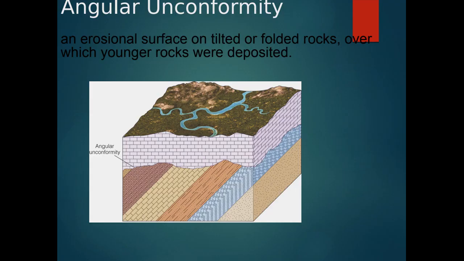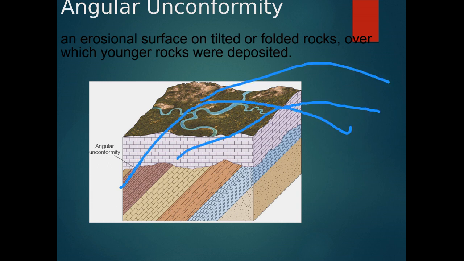That's going to be very different from an angular unconformity, where you had these rocks being laid down horizontally and then you had folding. So this fold probably goes something like this for this layer of rock. It folds and then it gets eroded away.